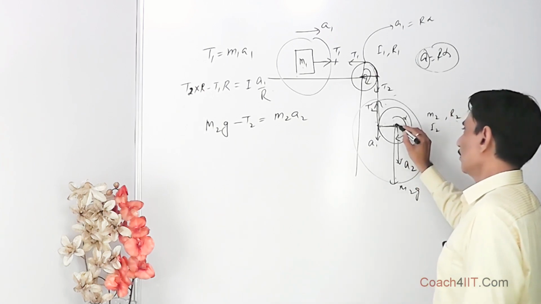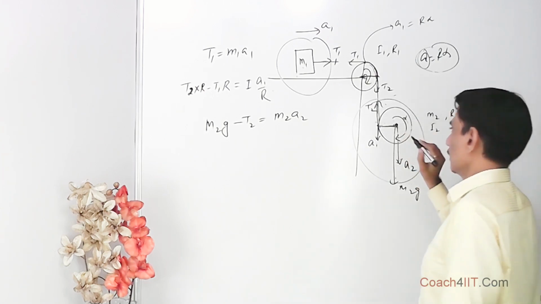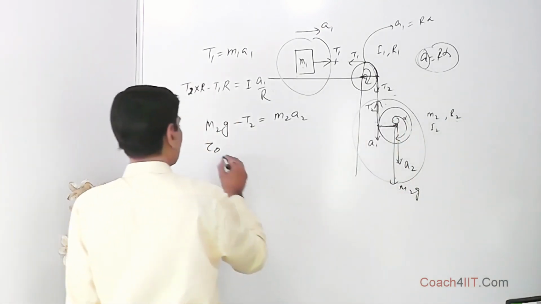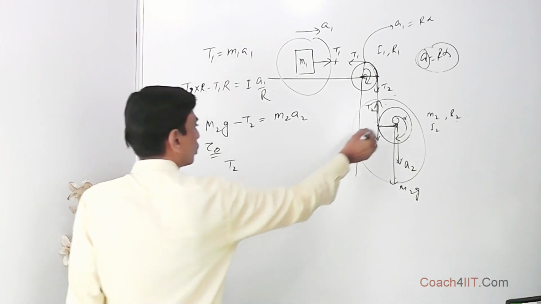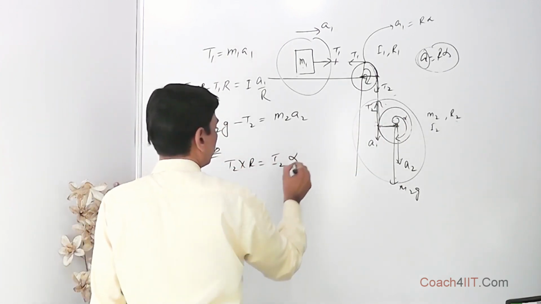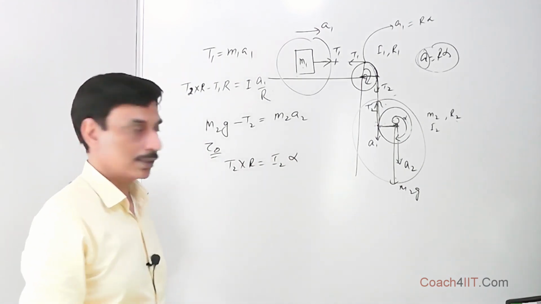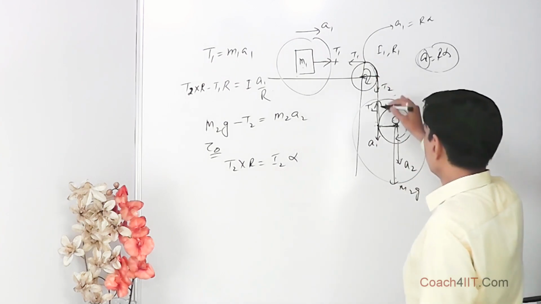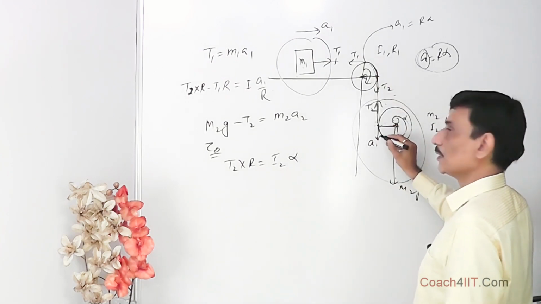So let's write the equation of rotational mechanics for this. If we take torque about O, about this central axis, it is T2 into R equals I2 into alpha. Now what is alpha? This point is also going with A1 in this direction.